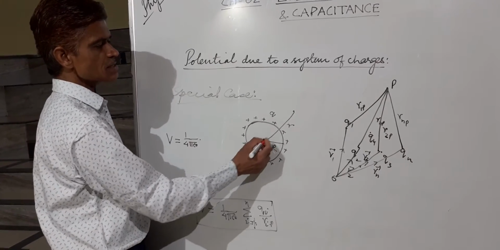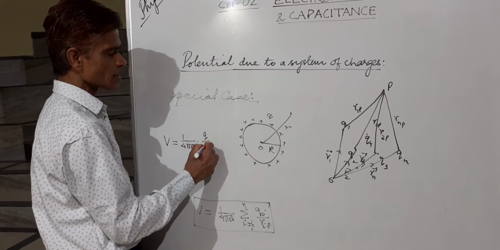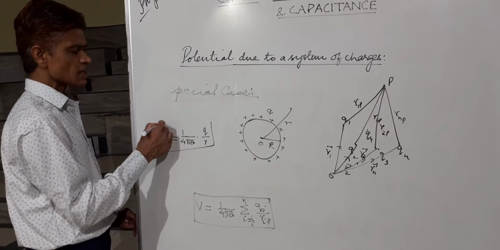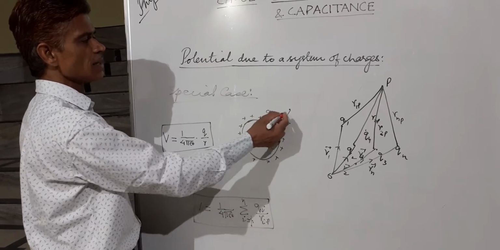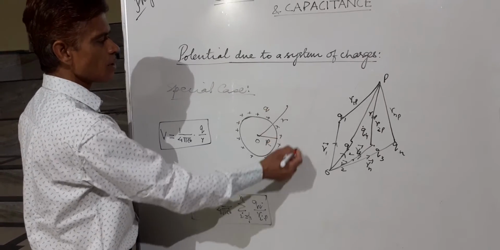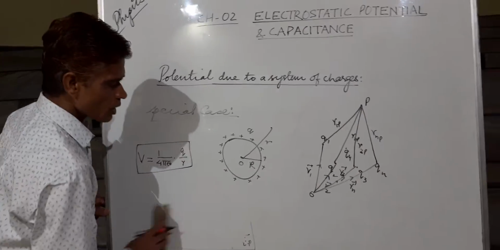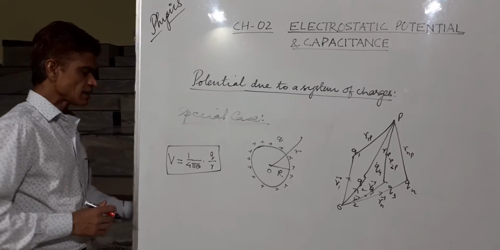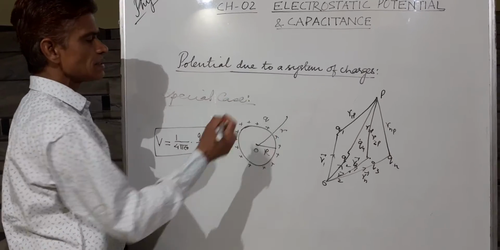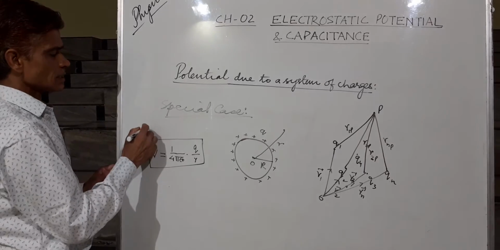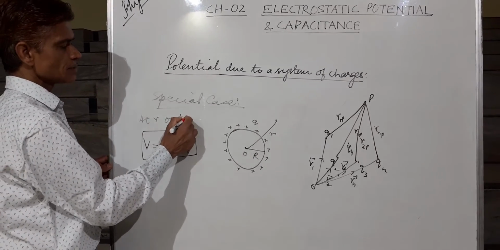In that case, its distance is r. So we will write Q upon r. So this will be the electric potential at a point r outside the spherical shell, which has the same value in all directions.